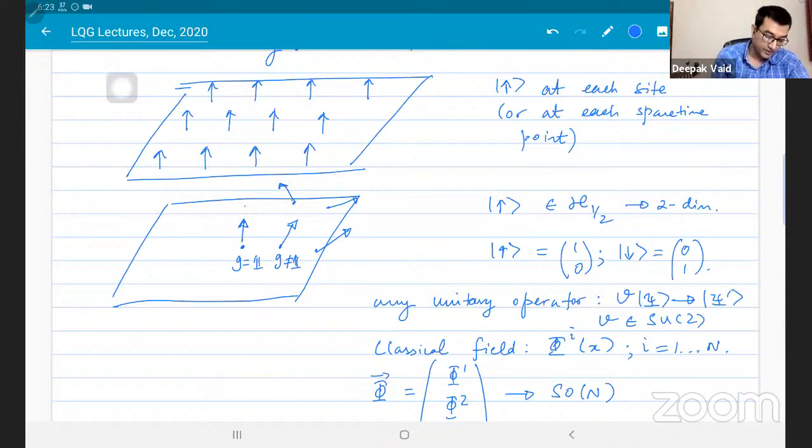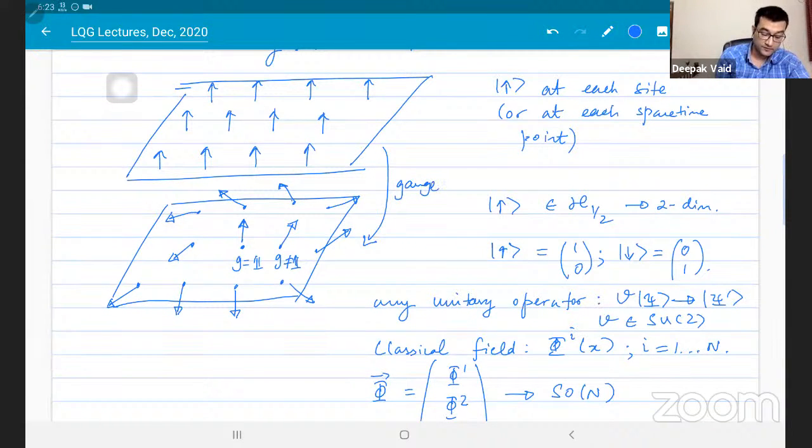It can be any rotation, it doesn't matter what it is. Of course, we will require this field to have some sort of continuity or regularity properties. So this is the gauge transformation.